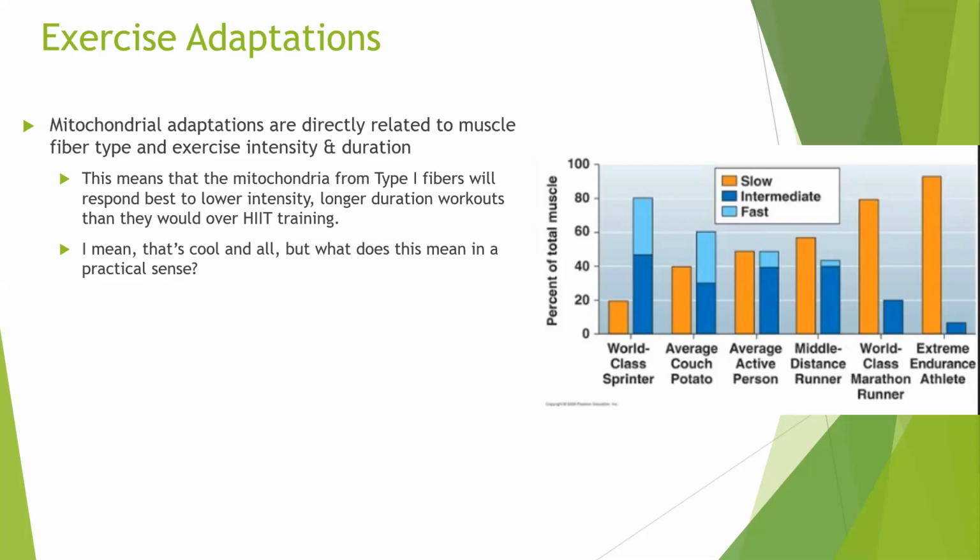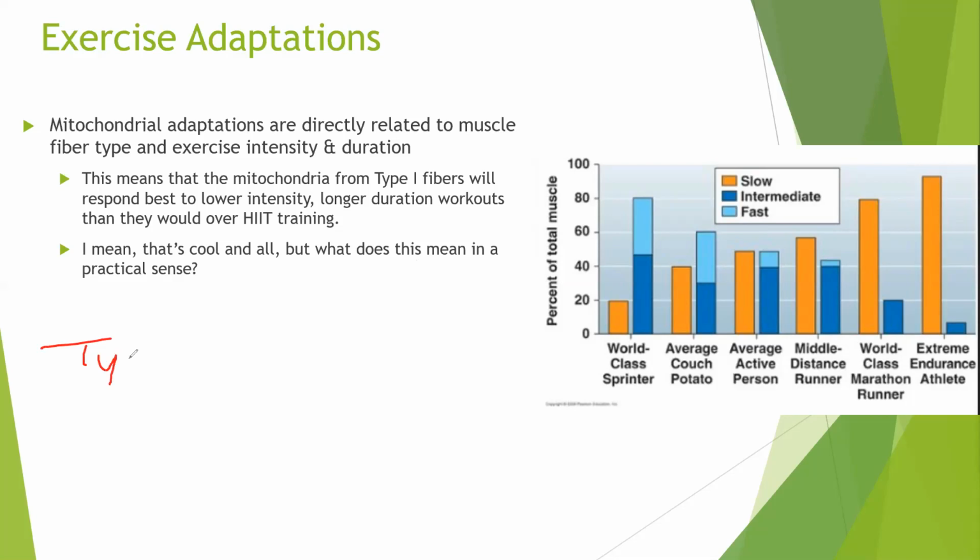This means that if you are doing, say, a long endurance type training, it's going to be more conducive for type 1 fibers to build up more mitochondria. If you were trying to get a mitochondrial response from a different muscle fiber type, you have to adjust your exercise training to accommodate that.